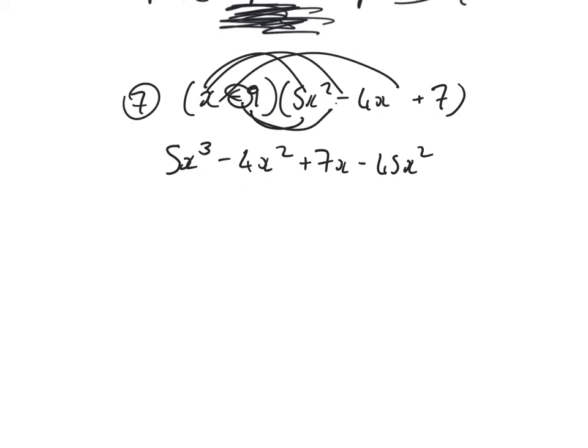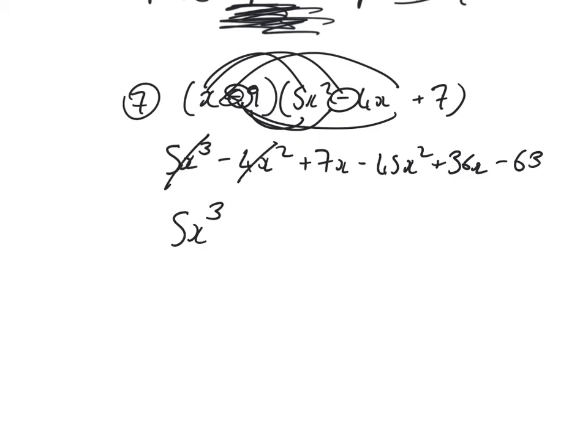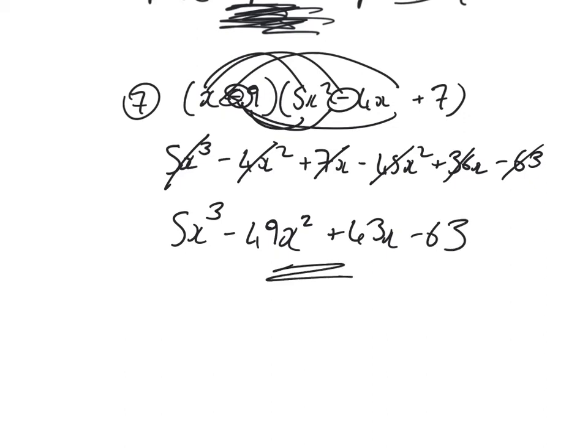Minus 9 times minus 4x, plus 36x, and then minus 9 times 7 is minus 63. Okay, 5x cubed minus 4x squared minus 45x squared. So think about it, I'm on a number line, I'm moving down there, that's minus 49x squared. I then get 7x plus 36x is 43x and minus 63.